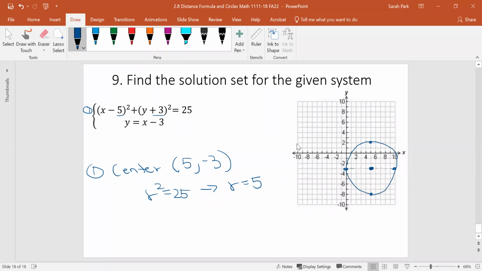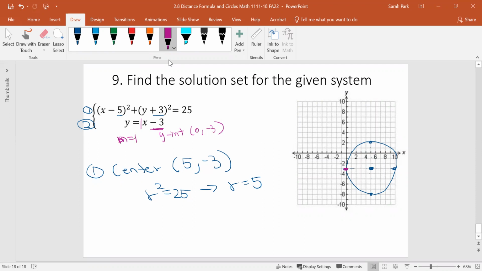And then we look at equation 2, y equals x minus 3. You also were assessed on how to graph lines. This is a line with a y-intercept of negative 3, 0, negative 3, and a slope of 1, or m is 1.